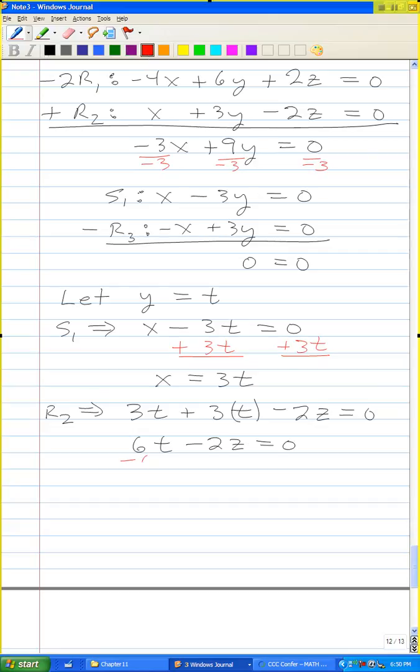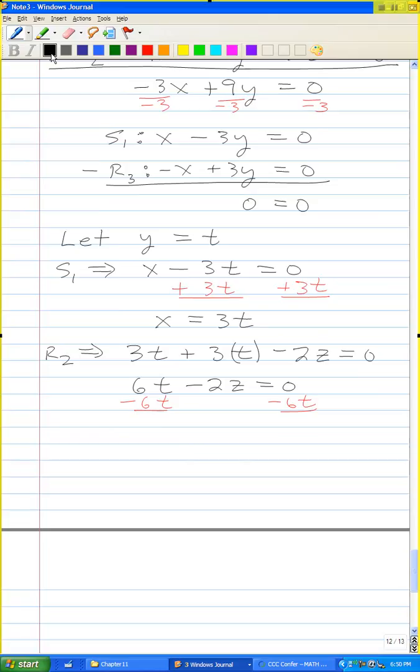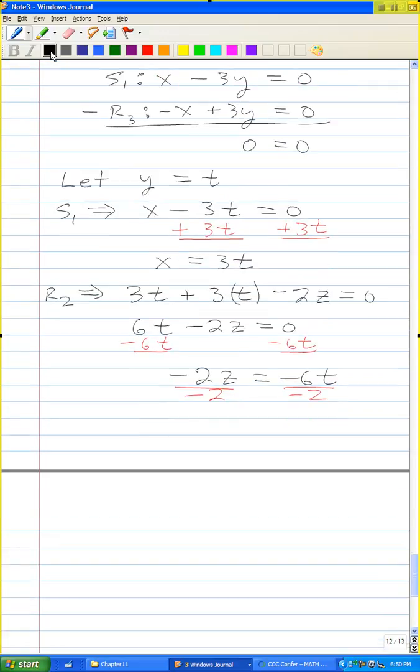Subtract 6t from both sides. So negative 2z equals negative 6t. Divide by negative 2. So z equals 3t.